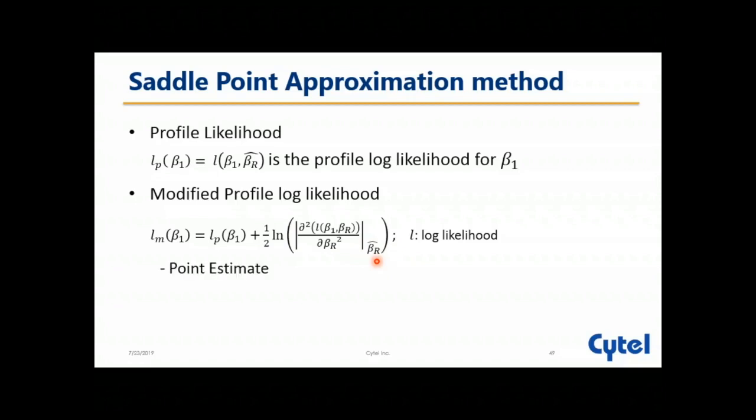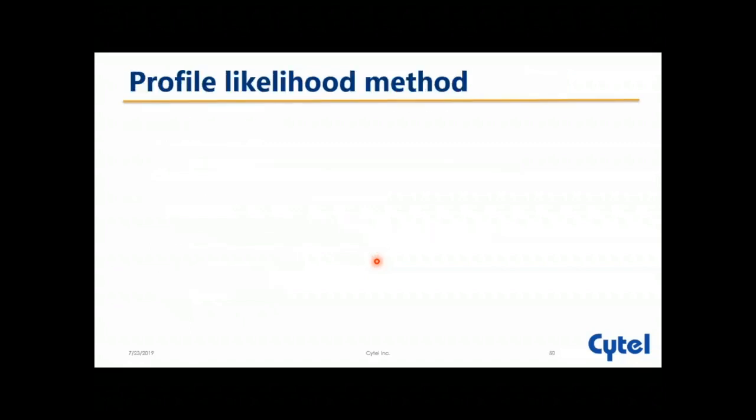Using this modified profile log likelihood, we'll compute the point estimate and interval estimate. How to compute such point or interval estimate using profile likelihood, that first we'll see, then we'll apply the same procedure for modified profile likelihood.